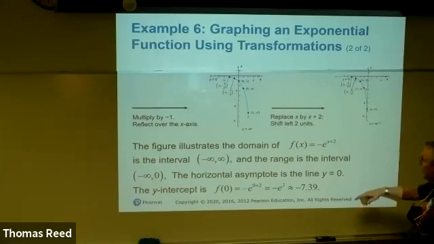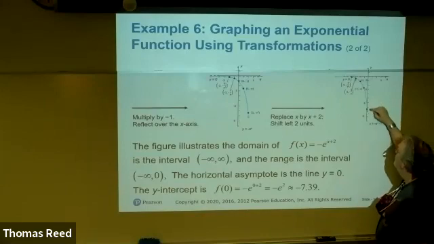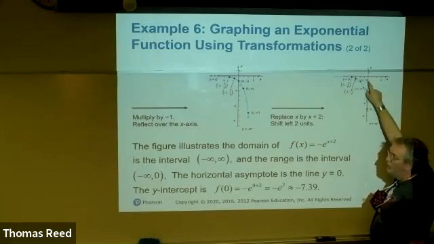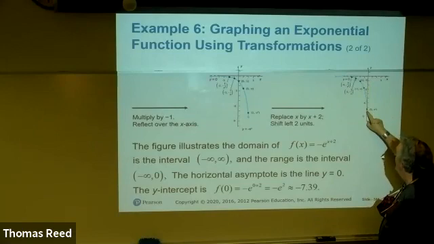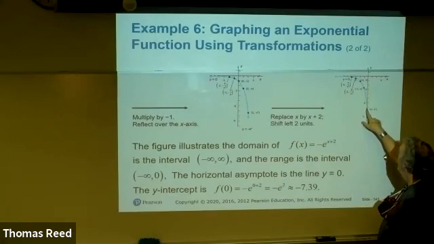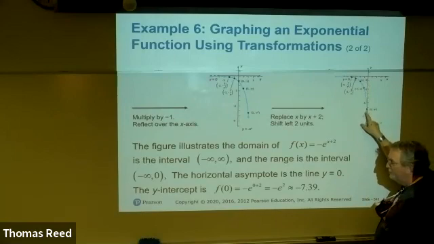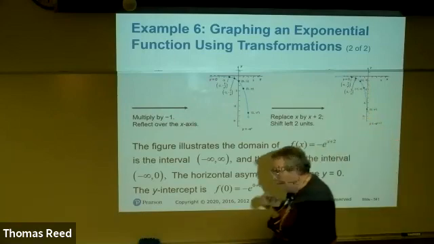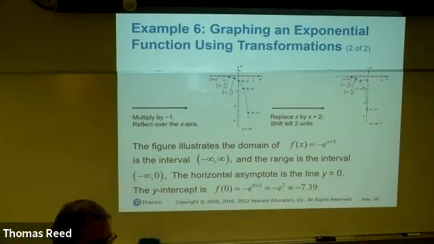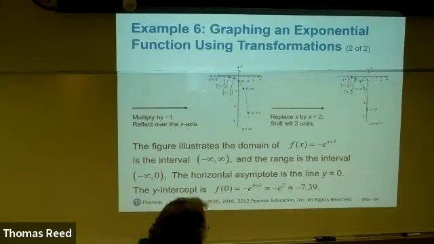And the x-intercept went from being down here at 1 or negative 1, now it's down here at negative e squared, because we shifted everything 2 units to the left.